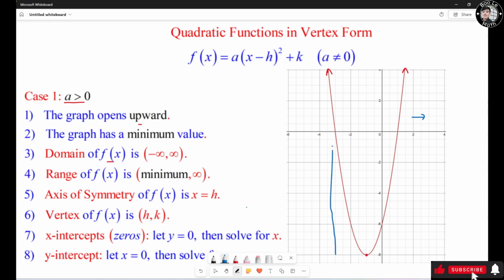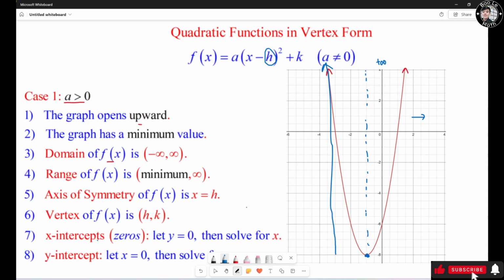So it can be like this, all the way to infinity, right? So the axis of symmetry is x equals h right here. Alright, the vertex is right here, h and k.